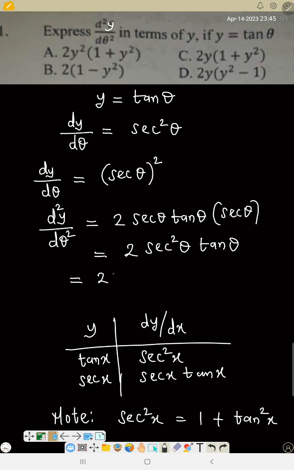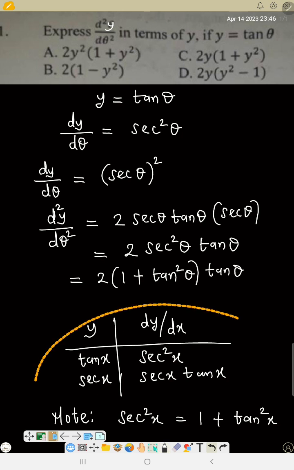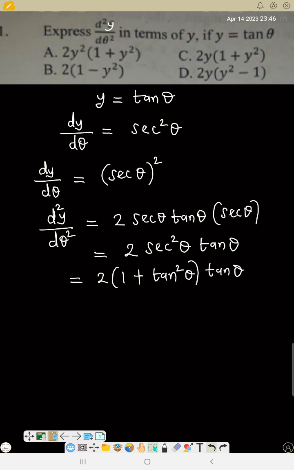That means instead of writing sec² θ, it will be 1 plus tan² θ, and I have another tan θ outside.